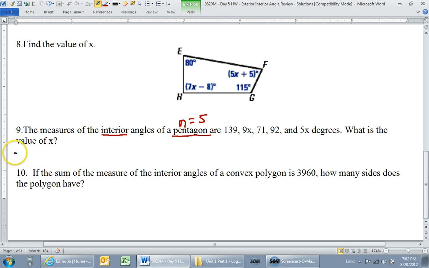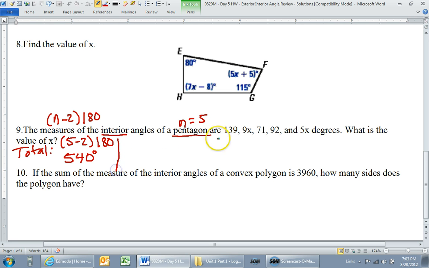So that tells us that the total can be found using the formula n minus 2 times 180, which in this case is going to be 5 minus 2 times 180, which is going to turn out to be 540 degrees. Okay, so that's the total degrees of this pentagon.